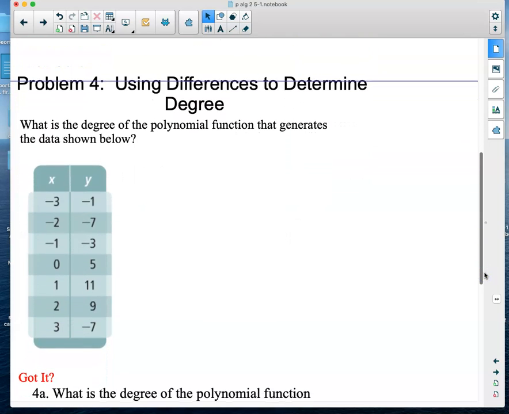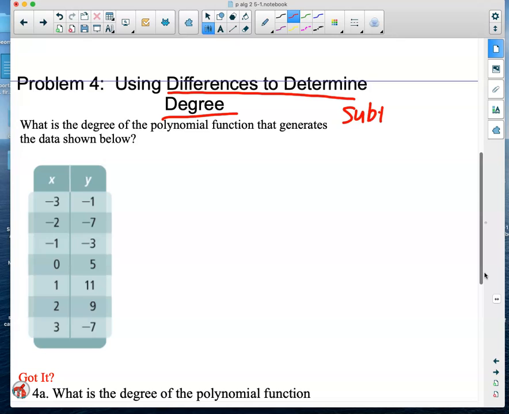So that's what we're going to do here. What is the degree of the polynomial function that generates the data shown below? Like it says, use differences to determine the degree. Difference is subtraction. Here's something really important that they mentioned, but it was really fast: these x values have to be going up by the same amount every time.